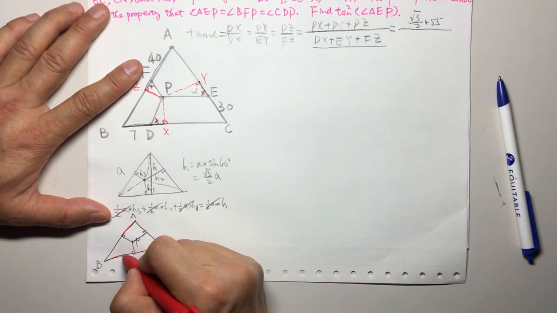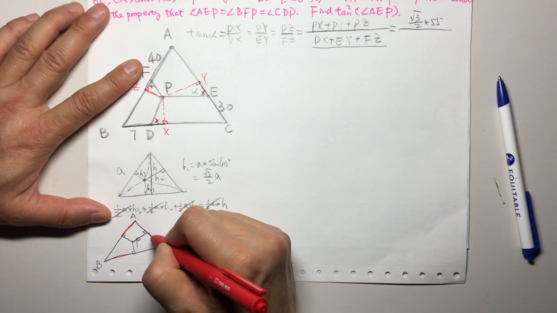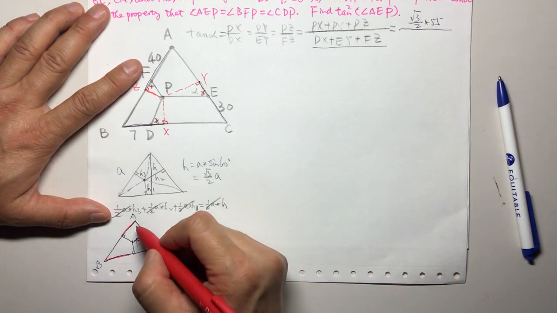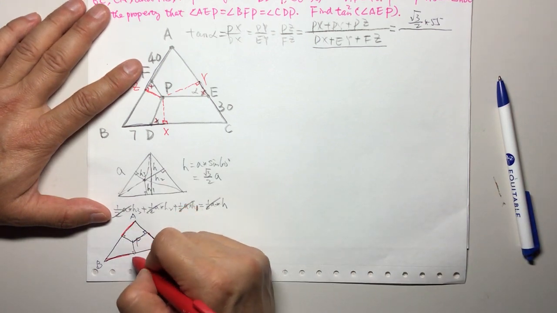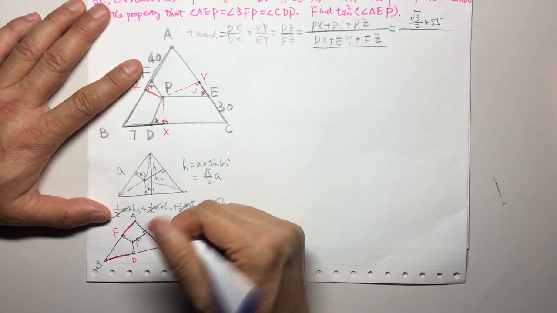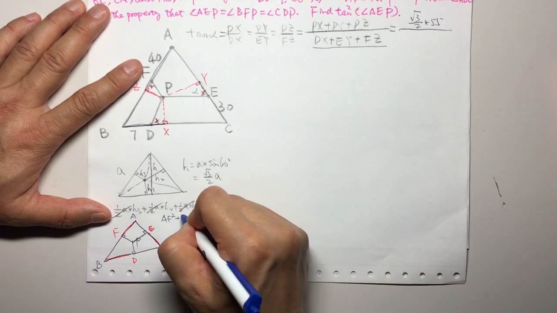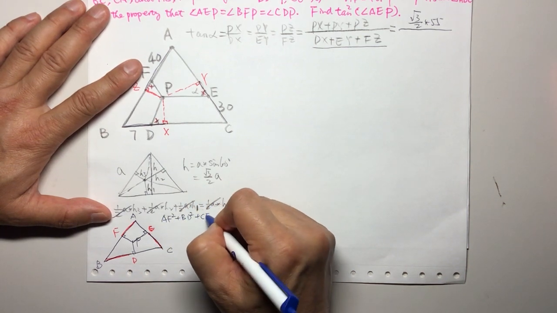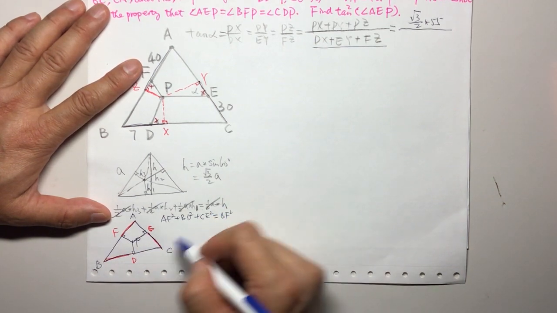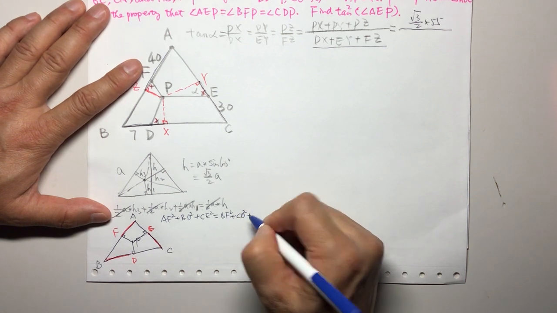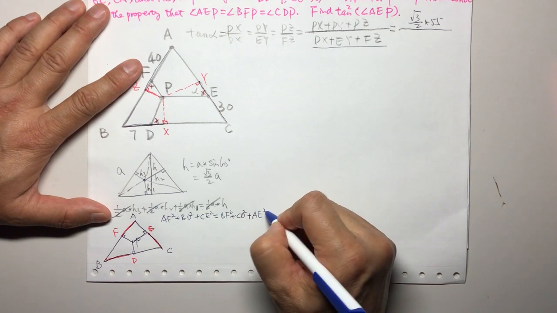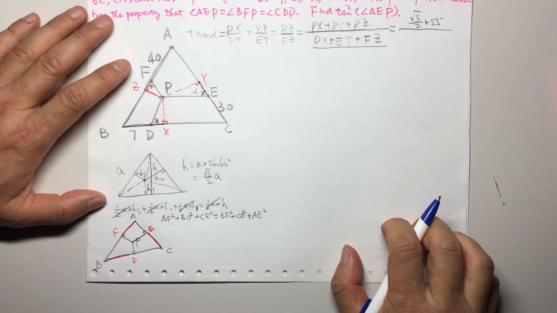If I say D, E, F, our conclusion is AF squared plus BD squared plus CE squared equals BF squared plus CD squared plus AE squared.